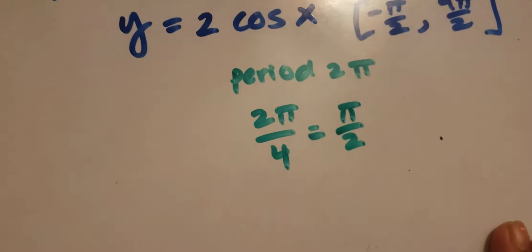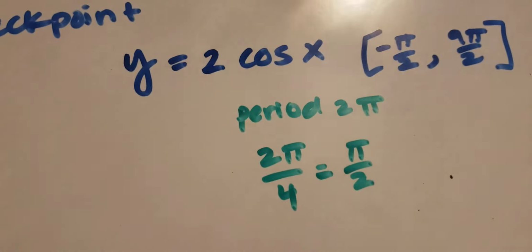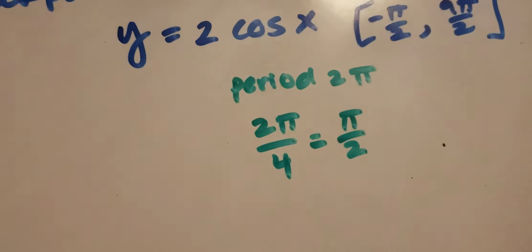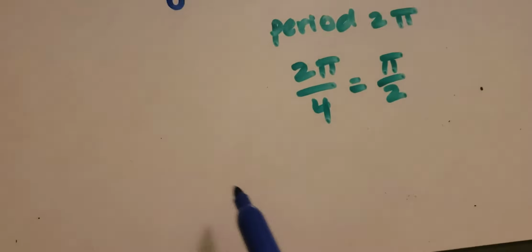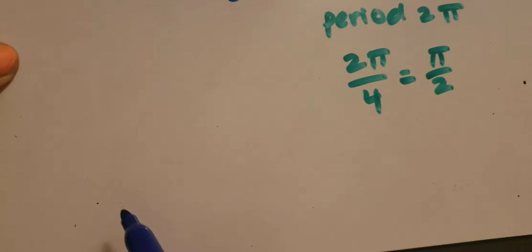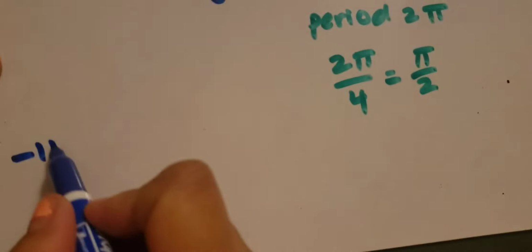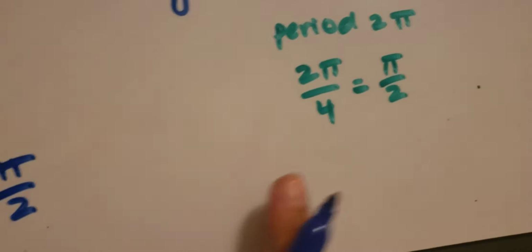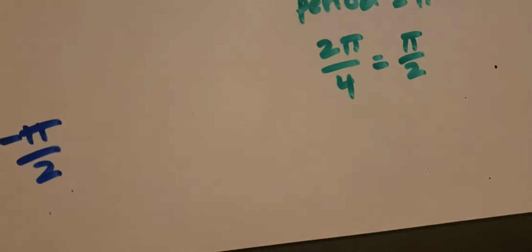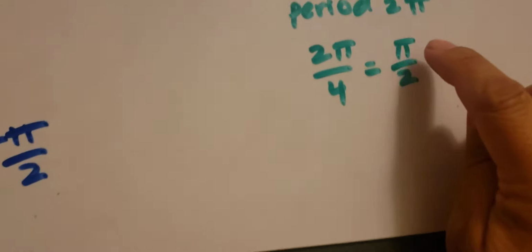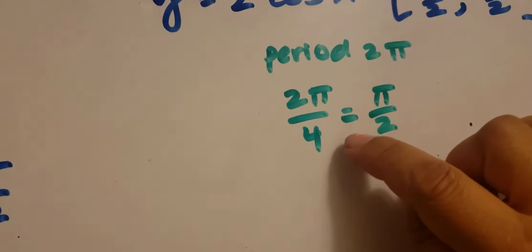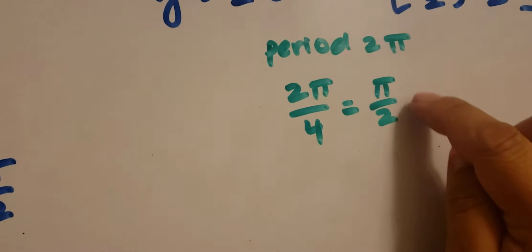Okay, so we know we have to start at negative pi over 2, and we have to end at 9 pi over 2. Okay, so we took our period and we divided by 4, so we have pi over 2.